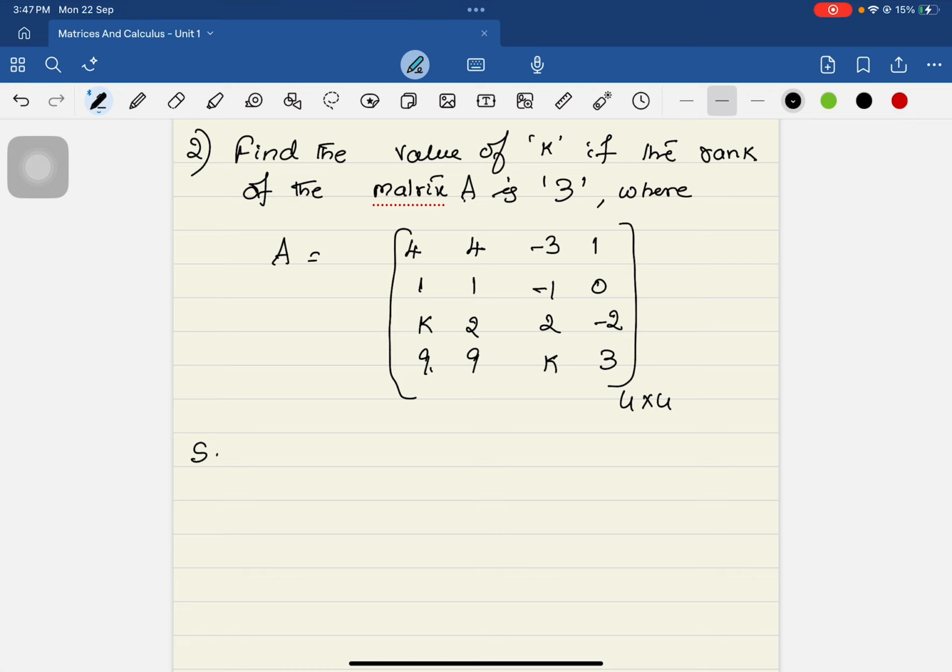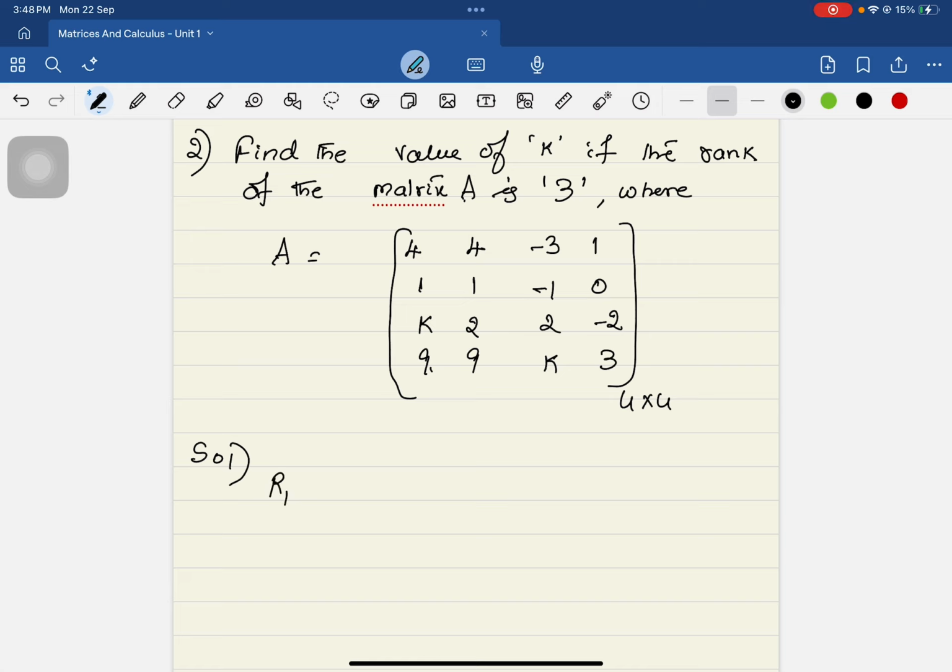So what we do now, we just reduce the matrix to find out the determinant of the matrix. We try to make this element and this element 0. First of all, we'll make this element 1, that means the A11 position we treat as 1. So we can interchange the first and second rows.